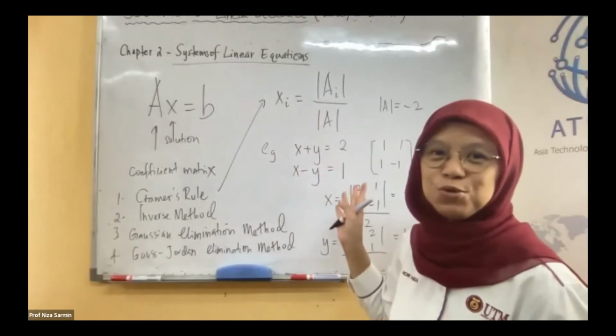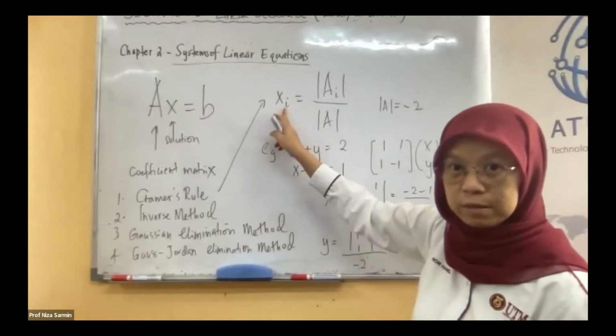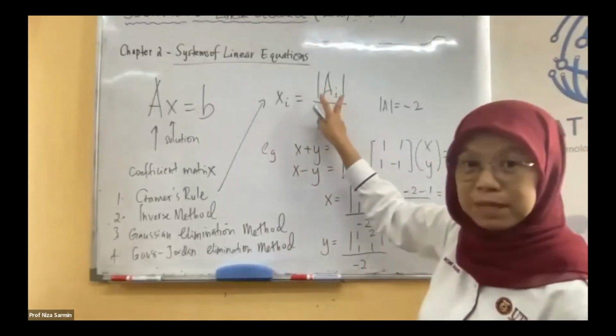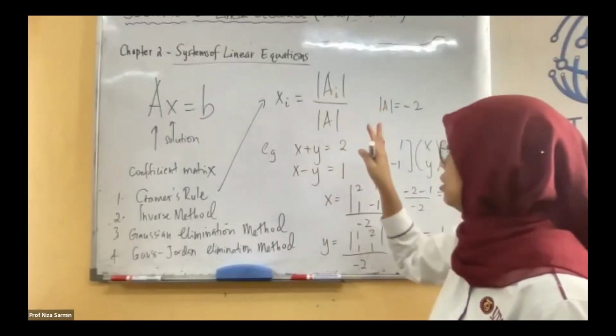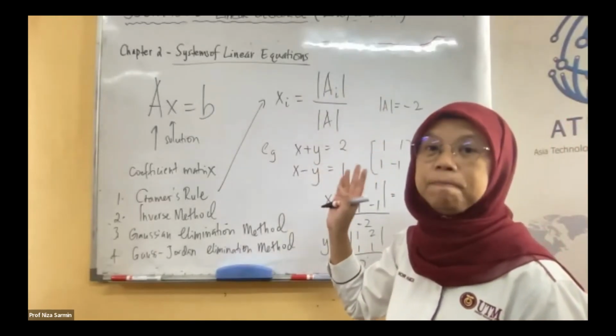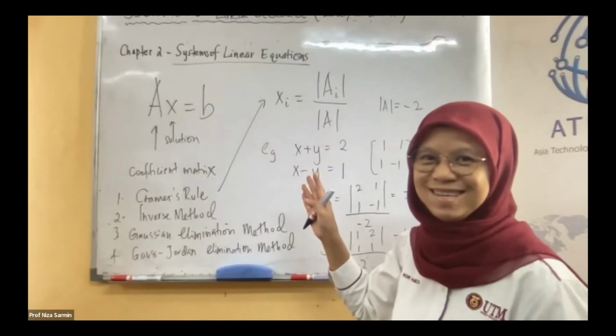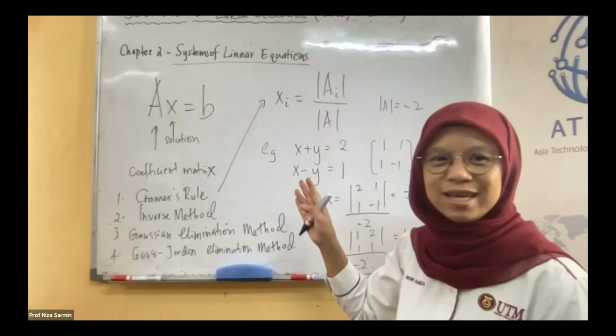This is 2 by 2. Okay, that is Cramer's rule. So to find each variable is to find the determinant of the matrix A by replacing column i with B. Okay, easy, right? Easy. Okay ke tak okay?